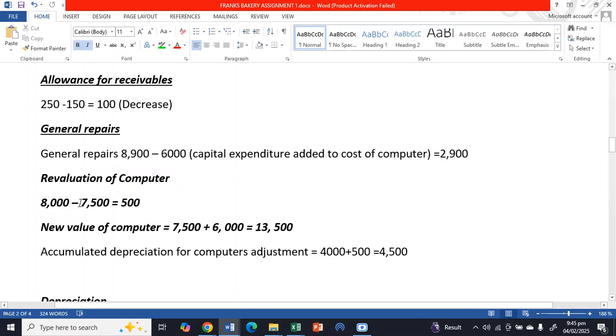Now it's revalued at 7,500. 8,000 minus 7,500, there's a loss of 500. So this loss will be treated like depreciation.